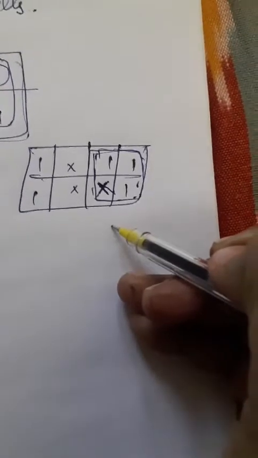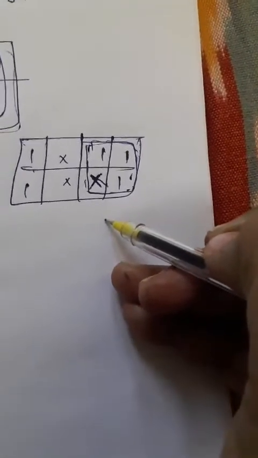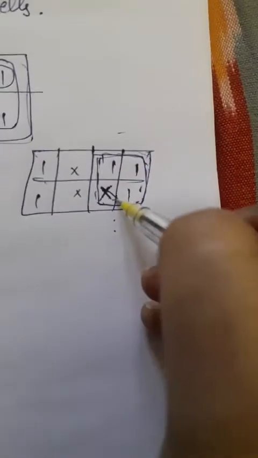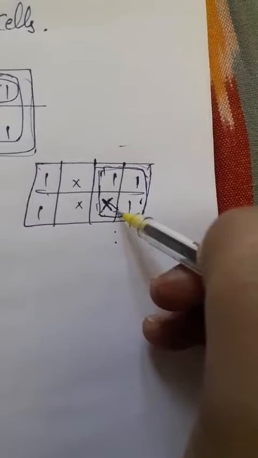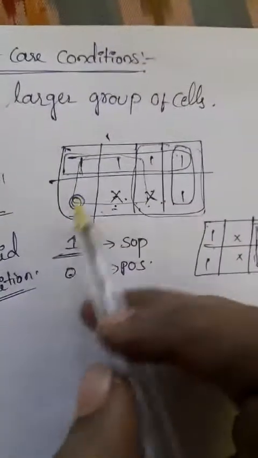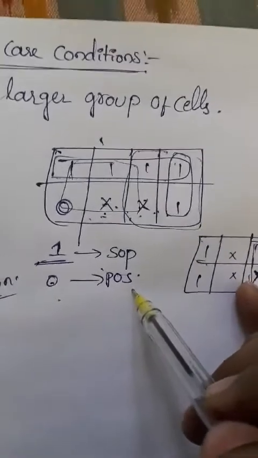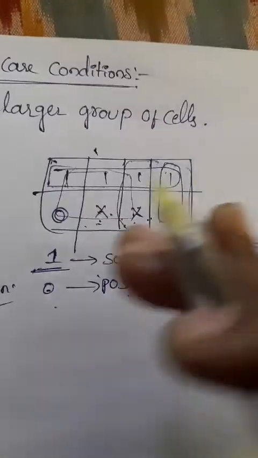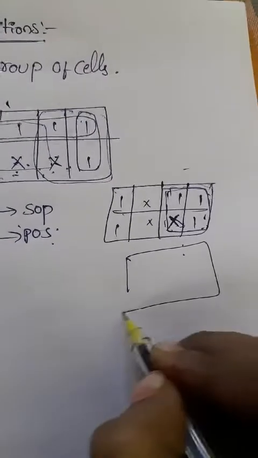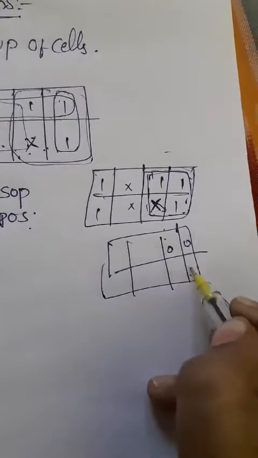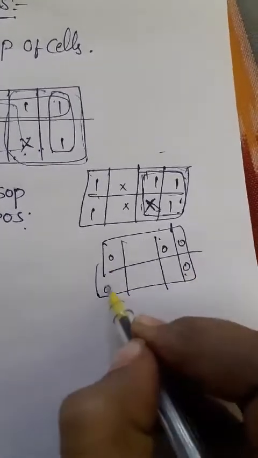So while forming groups of cells, we can consider a don't care also. For 1 we can represent it as SOP, and for 0 we can represent it as POS, whichever expression we are taking, SOP or POS. So if you consider the K-map like this, the cell representation is maybe like this.